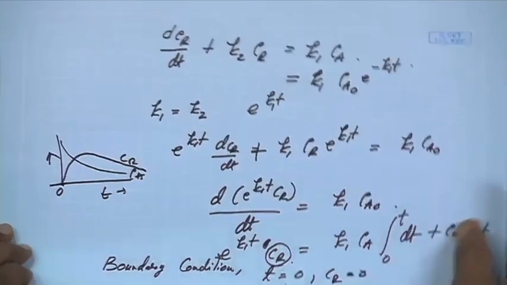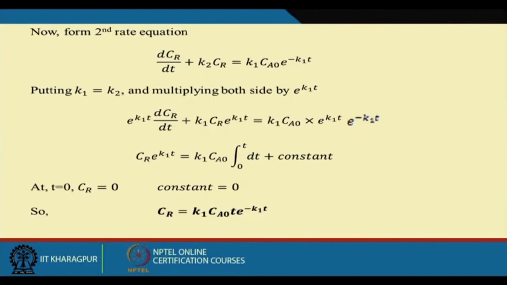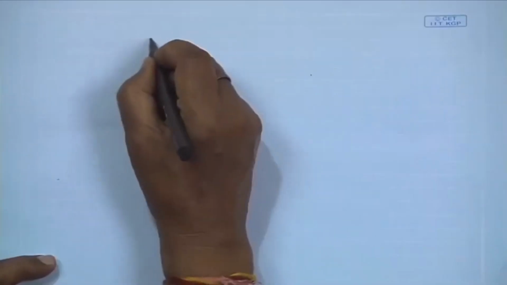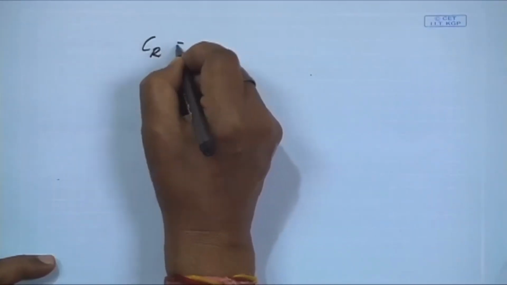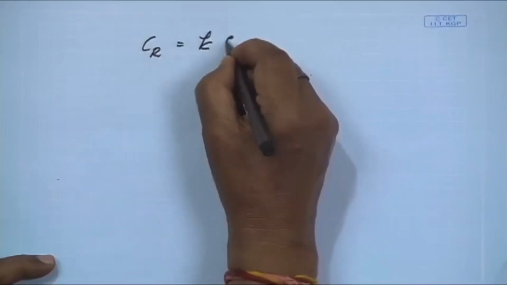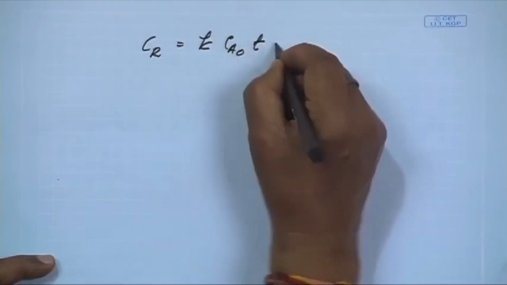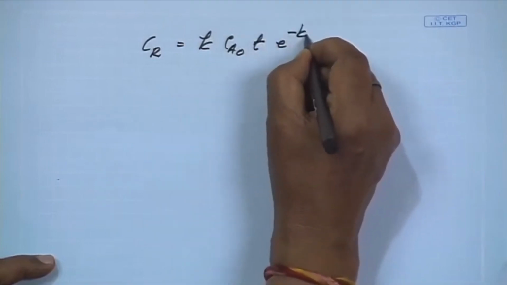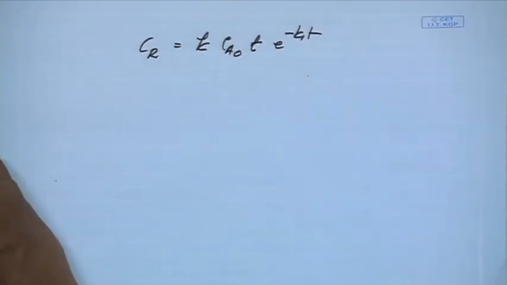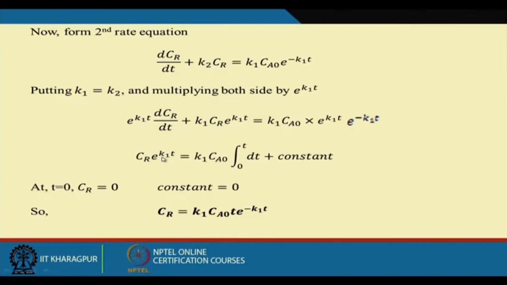So what will your whole equation be? The equation will be Cr equal to K1 CA0 t e to the power minus K1t, because I took the K1t to this side, so it is minus K1t.